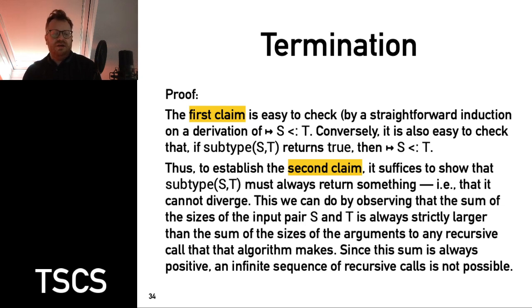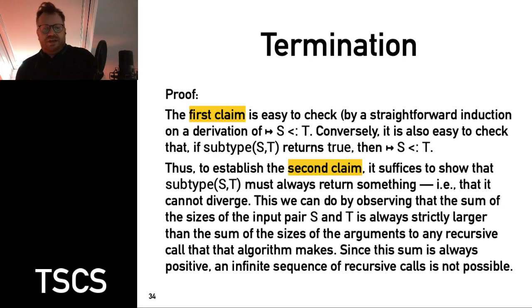And conversely, it's also easy to check that if subtype S T returns true, then the algorithmic subtyping rules give you that derivation. So you just show the equality of the algorithm and the derivation, so that your implementation actually implements what your rules say.